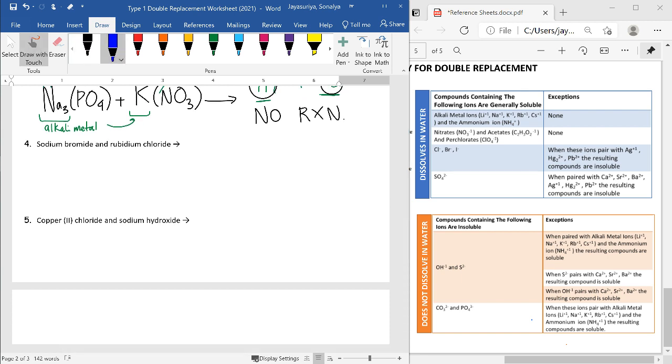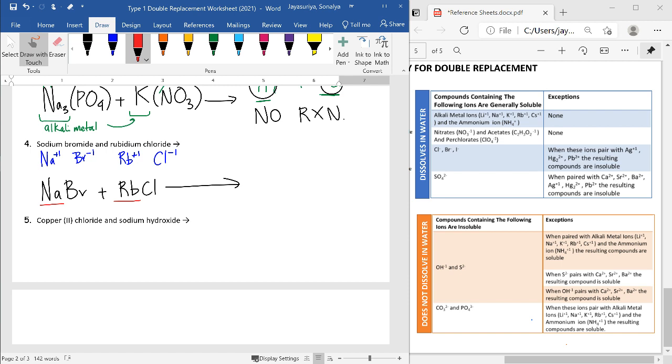We have sodium, Na+1, bromide, Br -1, rubidium, Rb+1, Cl -1. Oh, I see something happening here again. We got NaBr +1 -1 plus RbCl +1 -1. But look, alkali metal, alkali metal. A and B are both alkali metals.